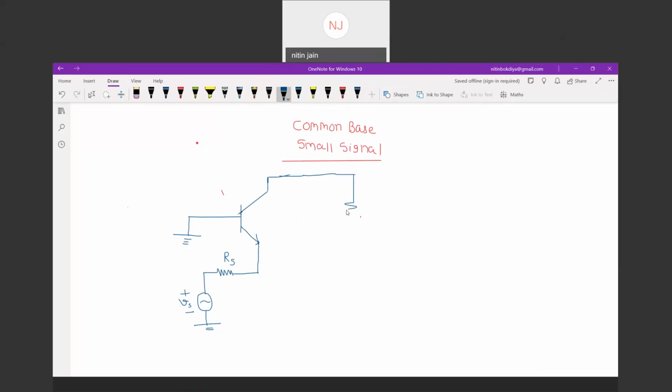Output is taken across, you can say this is load resistance or RC is also fine, है ना? आप ध्यान रखिए इनपुट एंड आउटपुट रेजिस्टेंस आर आल्सो इंपॉर्टेंट पॉइंट बिसाइड्स एम्पलीफिकेशन, है ना? शायद एम्पलीफिकेशन से भी बहुत ज्यादा, because you can increase the gain by using multi-stage amplifier. So है ना, maybe amplification is not that important part of the amplifier. चलो देखते हैं how it works. Let's see.